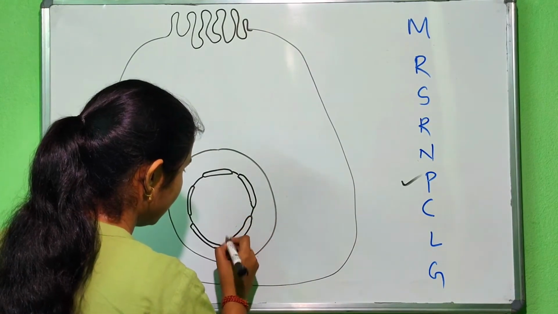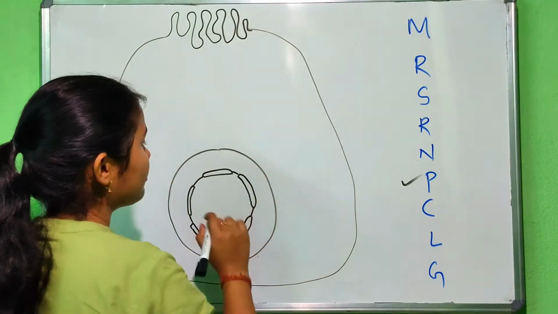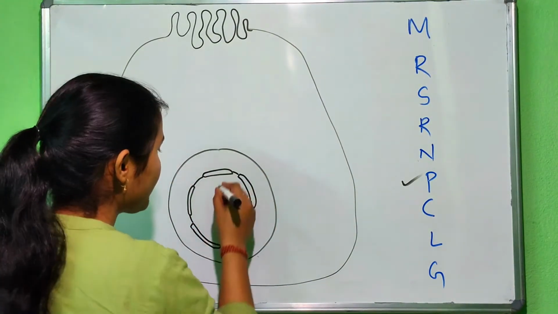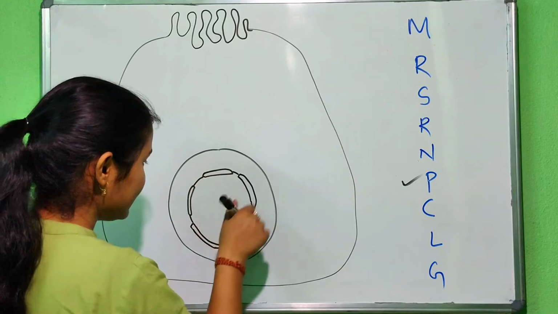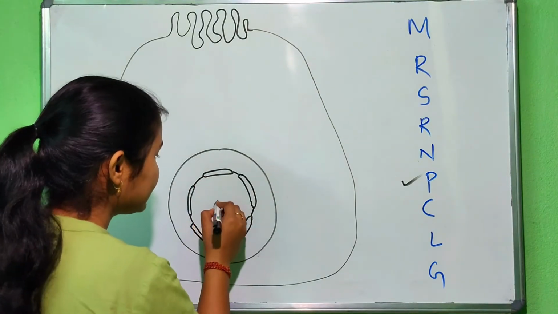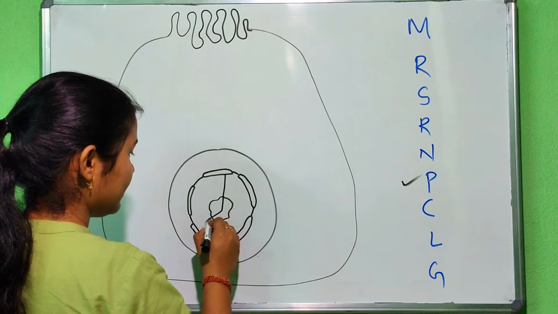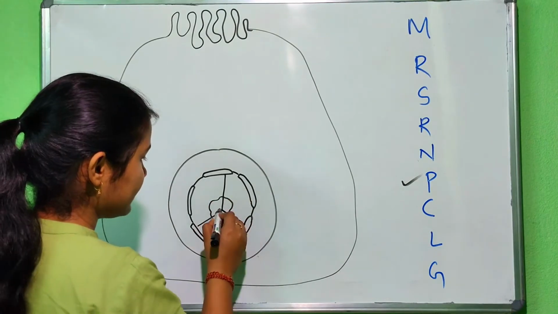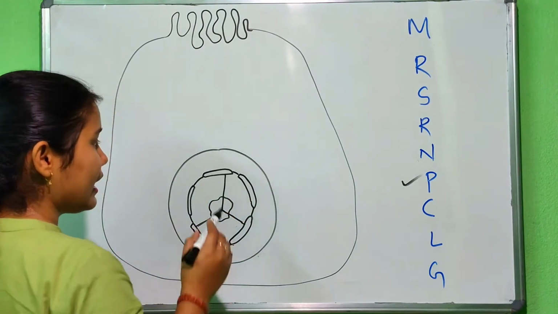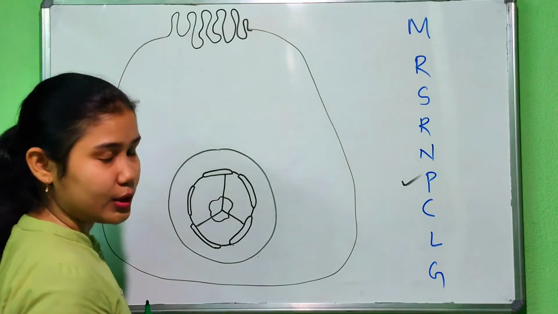This is the nuclear membrane, and in the nuclear membrane there is the presence of nuclear pores. Inside the nucleus there is the nucleolus. Let's divide it like this. There is the nucleolus, and there are many chromatin networks.